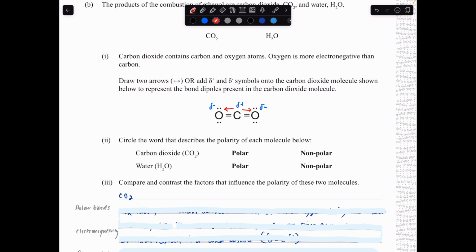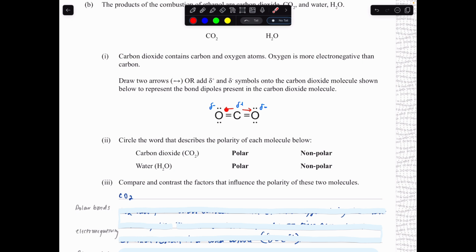These dipoles are going to cancel out in carbon dioxide for a few reasons. First of all, the carbon dioxide molecule is linear. It has the same atoms around the central atom, and there are no lone pairs of electrons around carbon, which means that it is going to be symmetrical.